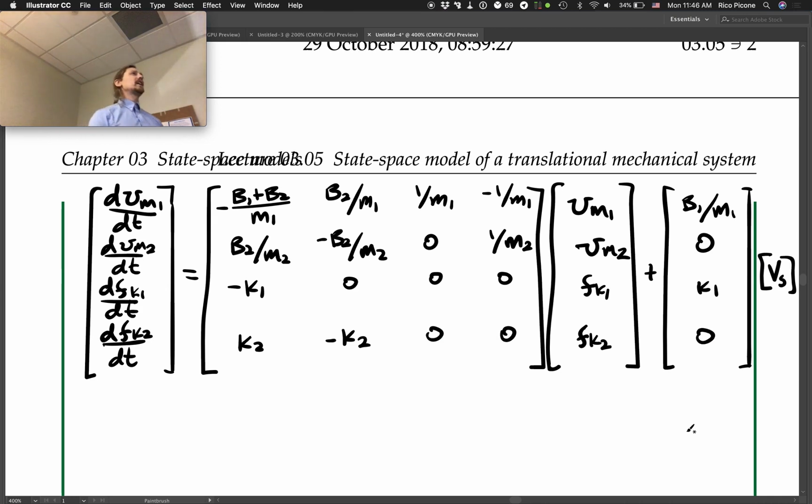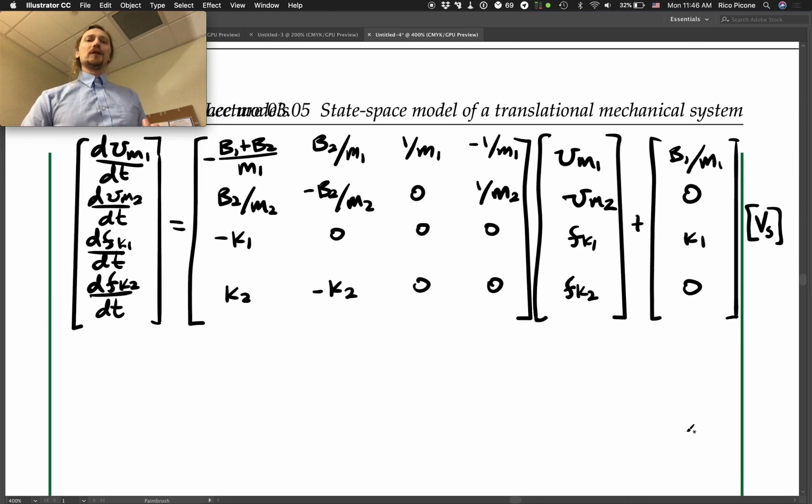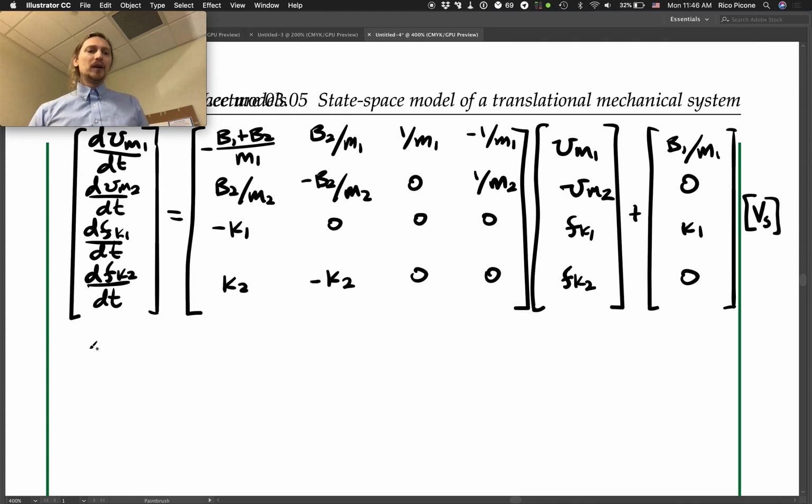So we have our state equation, our vector state equation in standard form. Beautiful. Fourth order system. Okay, so now we just have the output equation left. So 2C, 2D.